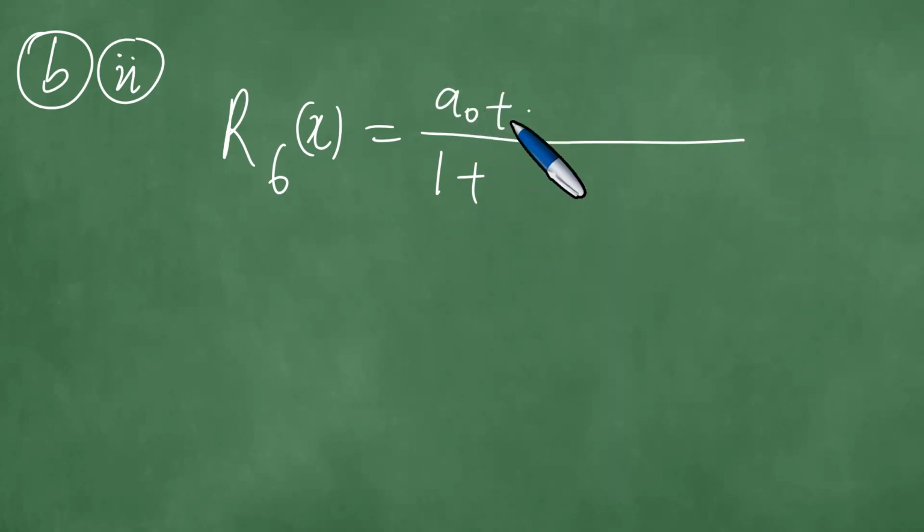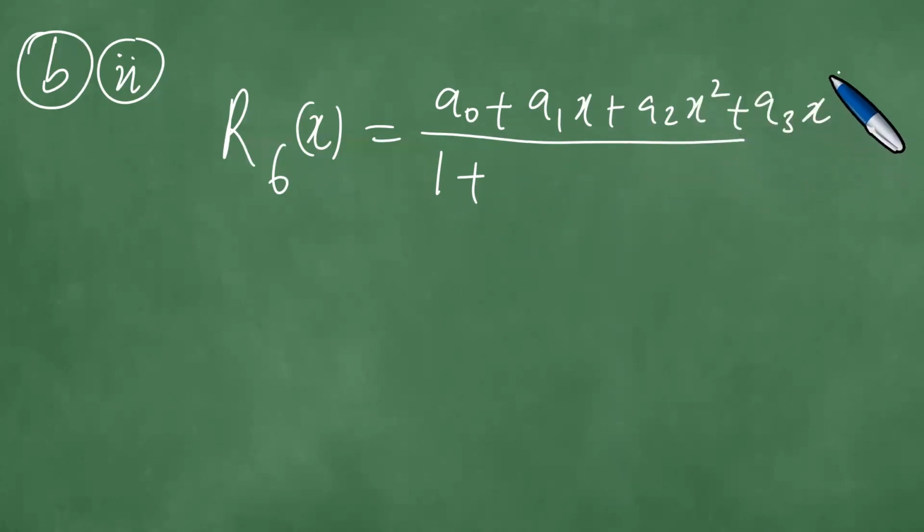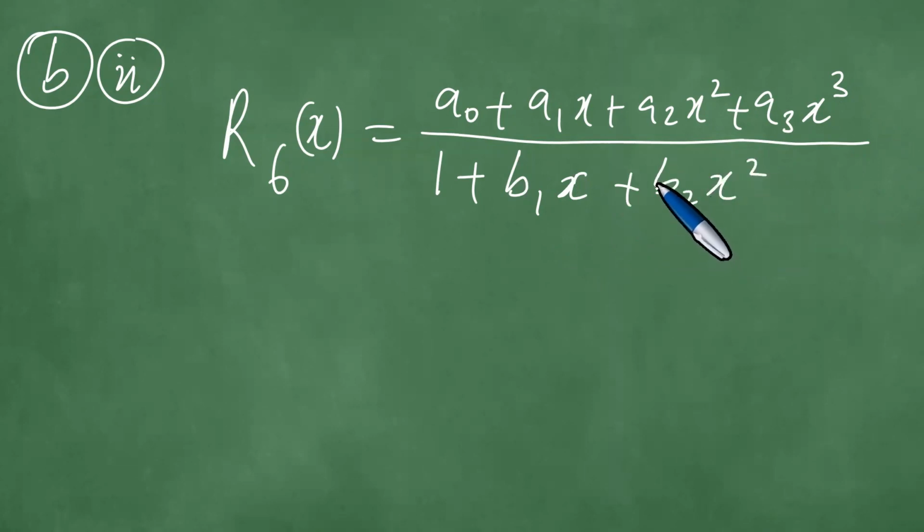And then we'd have A0, A1X, A2X squared, plus A3X cubed, over 1 plus B1X, B2X squared, B3X cubed. So this is R6 of X.